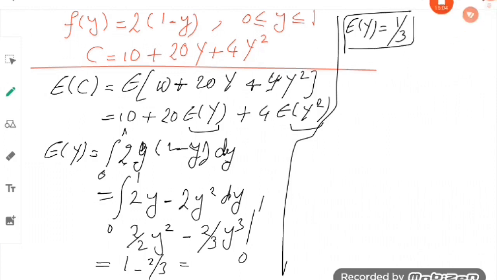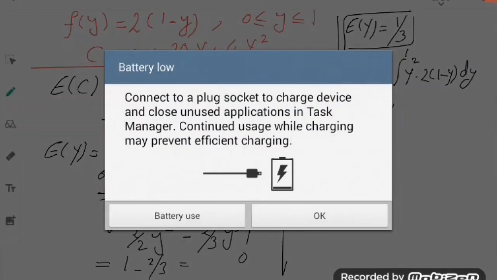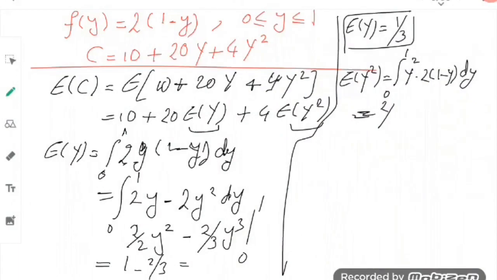Now move to find the expected value of y to the power 2, which is the integration from 0 to 1 of y to the power 2 times 2 times 1 minus y dy. This will be 2 divided by 3 times y to the power 3 minus 2 divided by 4 y to the power 4, and then substitute from 0 to 1.